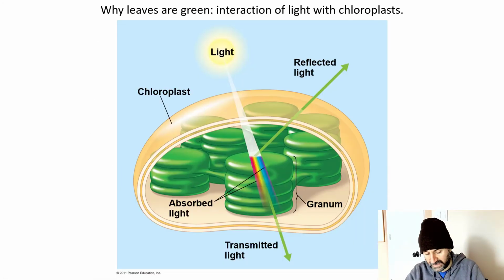What else do I want you to know? I want you to know that plants appear green because they are not absorbing green light, okay? So what you're seeing when you see a green plant or a green tree or green grass is reflected light or transmitted light. The reason plants appear green is because green light is transmitted, meaning green light goes right through them, and green light is reflected.